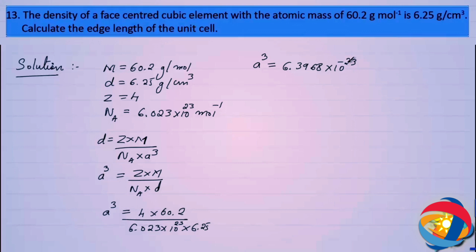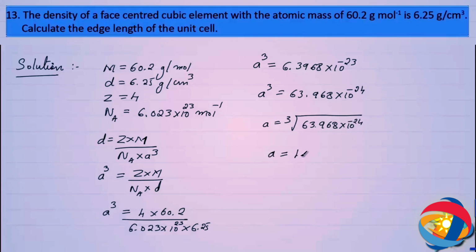By shifting one decimal point towards the right side of the number, we have A cube is equal to 63.968 into 10 to the power minus 24. Now, by taking the cube root, we get the value of A as 4 into 10 to the power minus 8 meter. This is the answer.